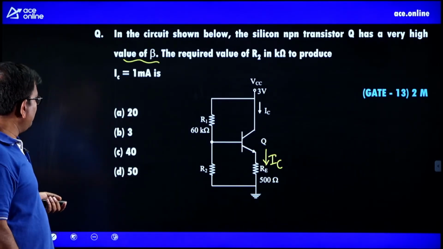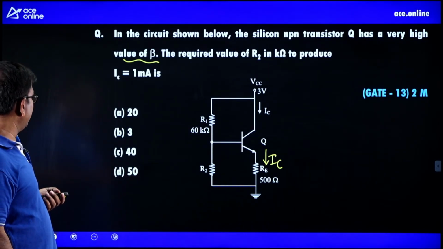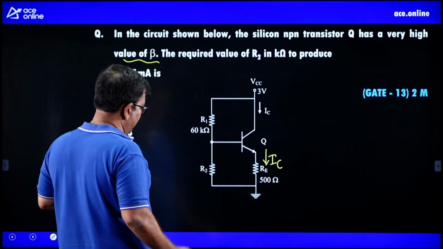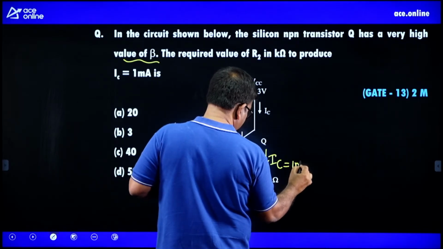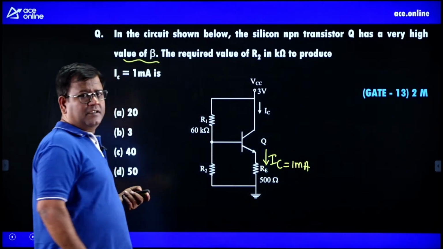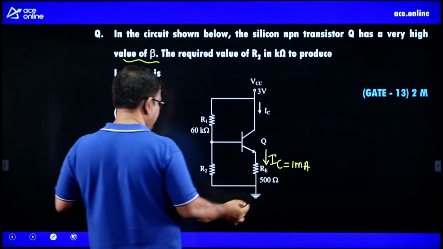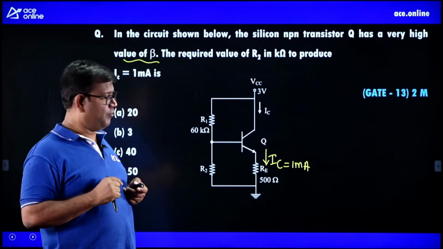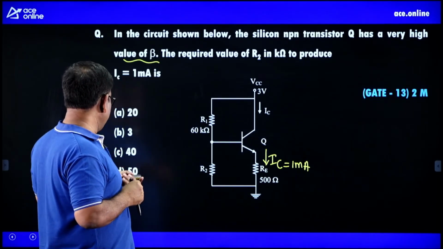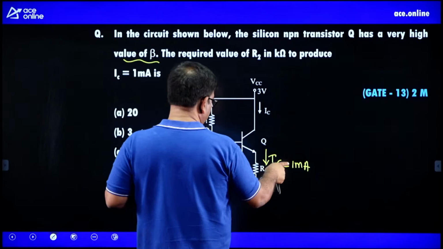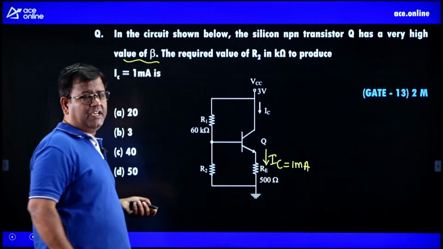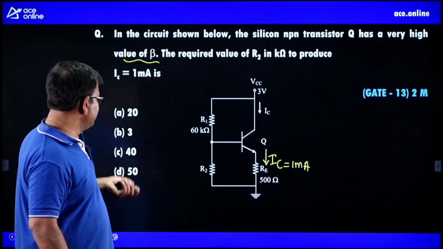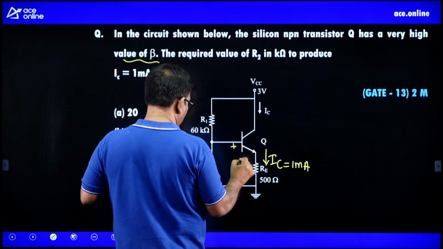And then the required value of R2 is what is being asked, and IC, oh yeah, IC is given as 1 milliampere. So what is 1 milliampere into 500 ohm? 1 milliampere into 500 ohm is going to be 500 milli, and since it is silicon, we can take 0.7 volts here.